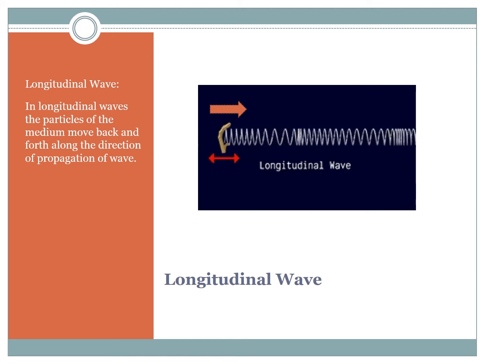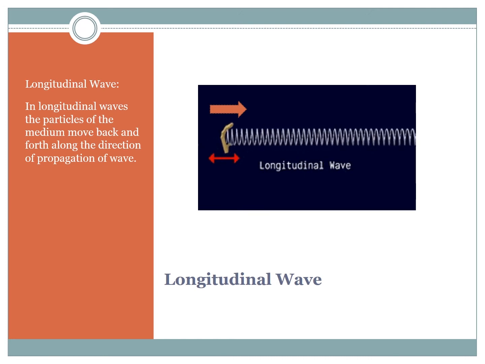As you can see, there are some parts in the slinky spring in which the loops of the spring are close together. Those parts are known as compressions, and where the loops are spaced apart are known as rarefactions. So, longitudinal waves always travel in the form of compressions and rarefactions.